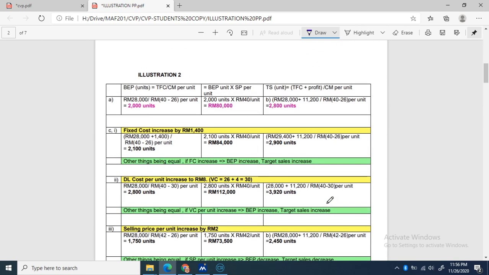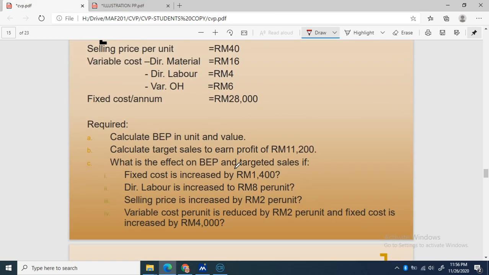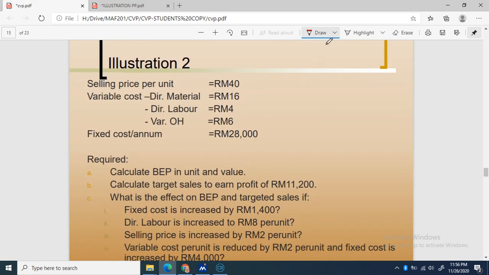Now we move to illustration 2. If we refer to illustration 2, it is given: selling price per unit 40 ringgit. Variable costs, we have three: direct material, direct labor, and variable overhead.